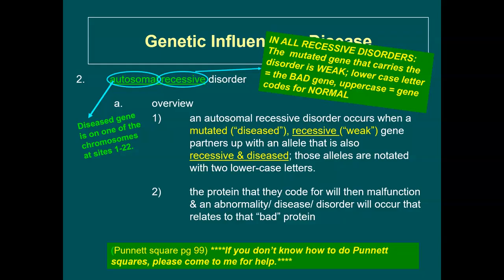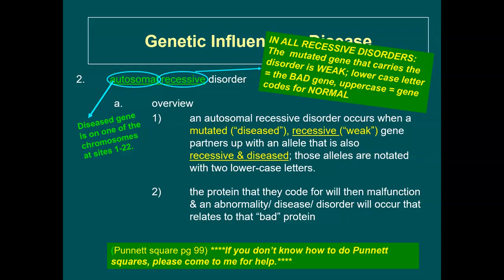And this mutated diseased recessive gene must partner up with another mutated recessive and diseased gene for the individual to show or have the phenotype of the disorder. Hopefully that makes sense, because if it was paired with a dominant gene, then the trait wouldn't be noticed.